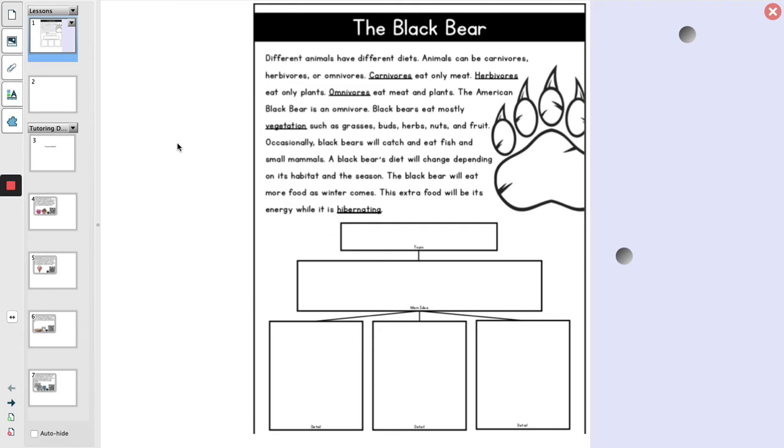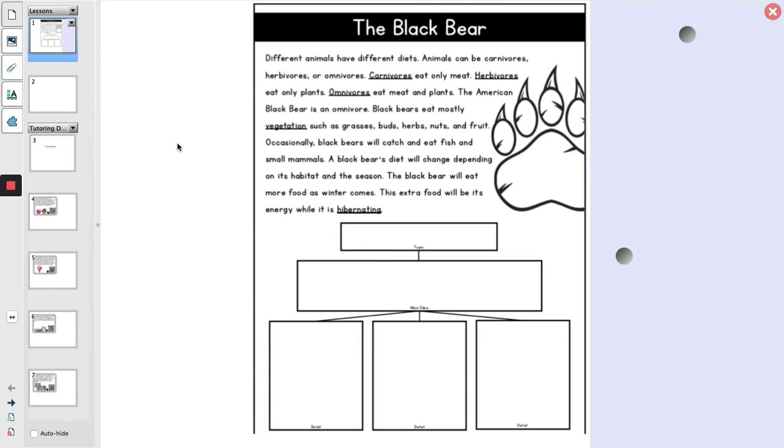So here is an example article on what to do. This is the black bear. Different animals have different diets. Animals can be carnivores, herbivores, or omnivores. Carnivores eat only meat. Herbivores eat only plants. Omnivores eat meat and plants. The American black bear is an omnivore.